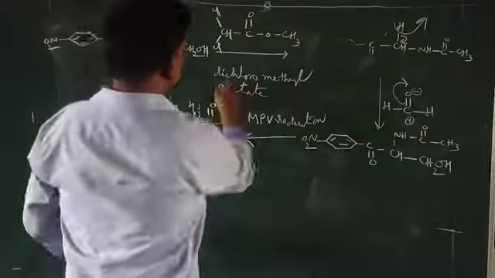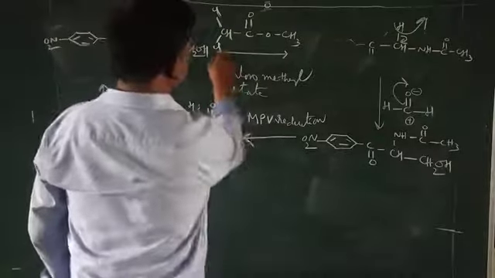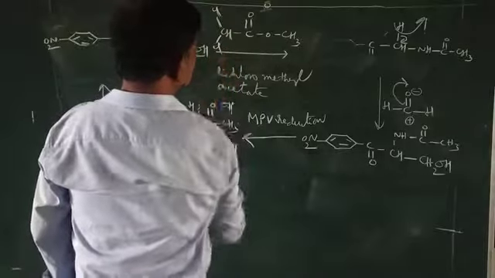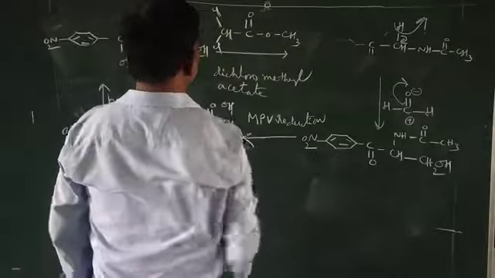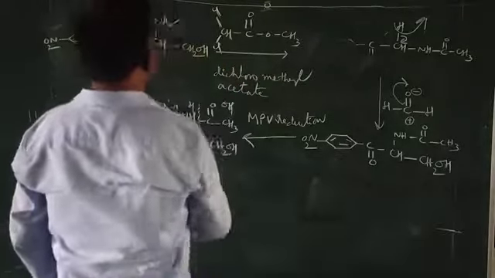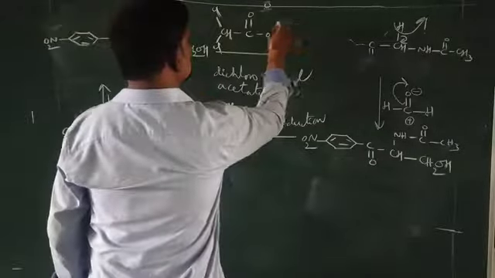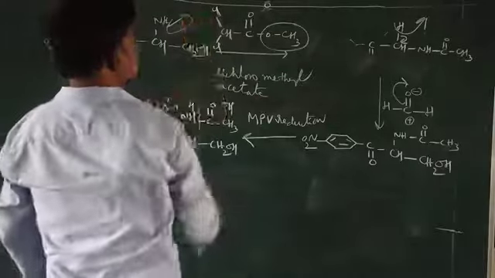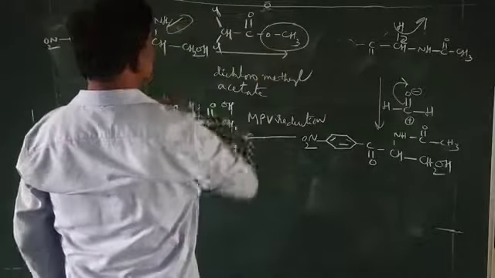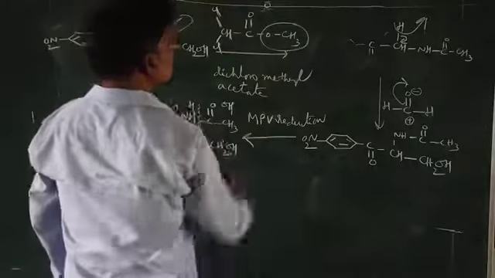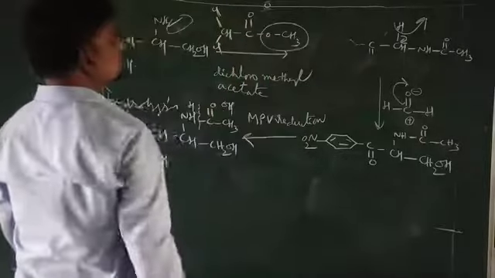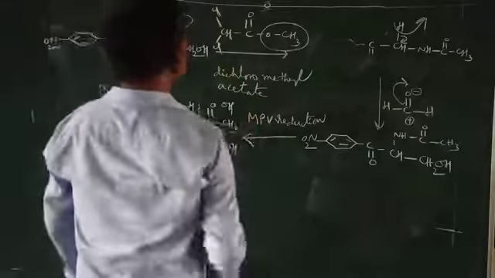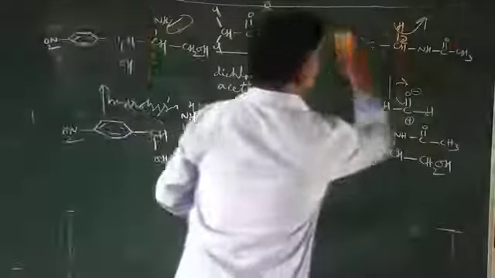Here in dichloromethyl acetate, CH3O and a proton, so CH3O minus the proton, CH3OH is eliminated.